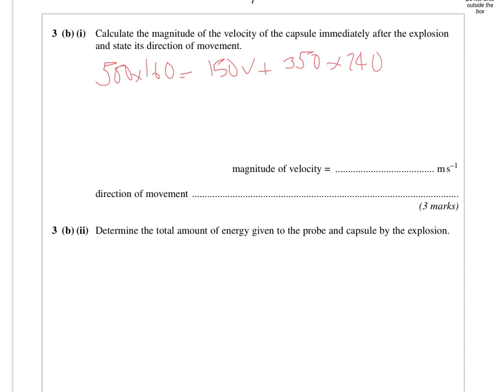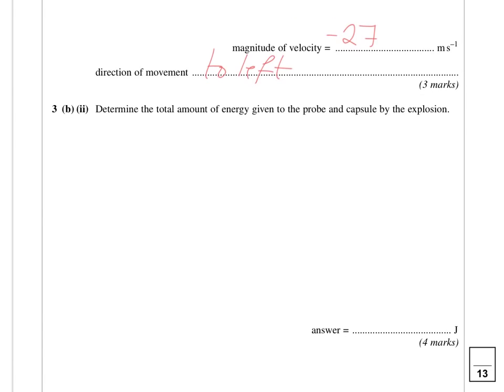So 500 times 160 minus 350 times 240, divided by 150. Velocity is going to be minus, because we know it's a negative number, 26.6622. So that's going to be 27 meters per second. So that means it's going to be to the left, because we're saying right is positive in that calculation.